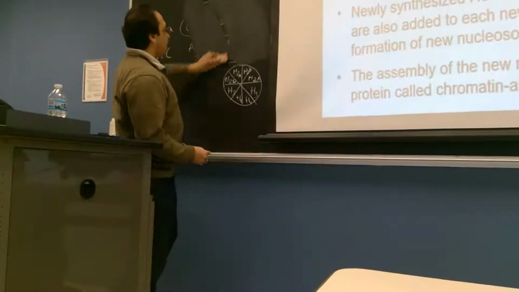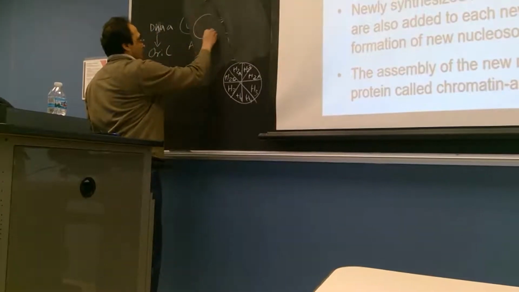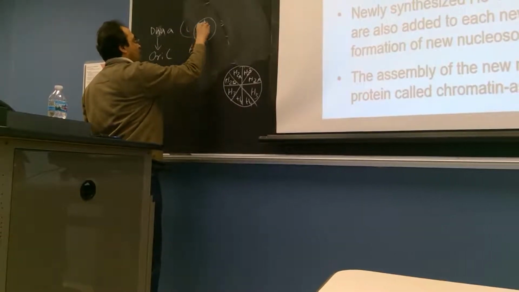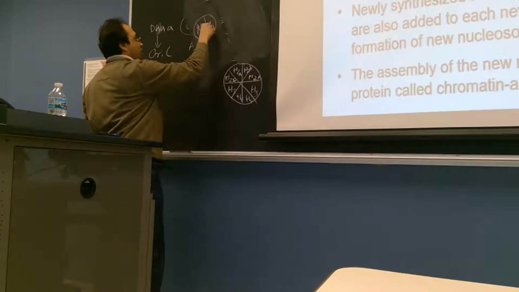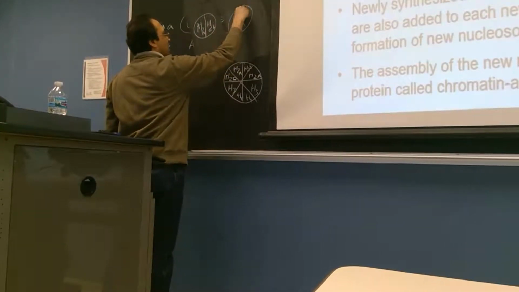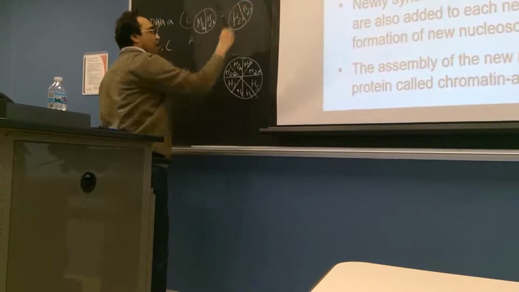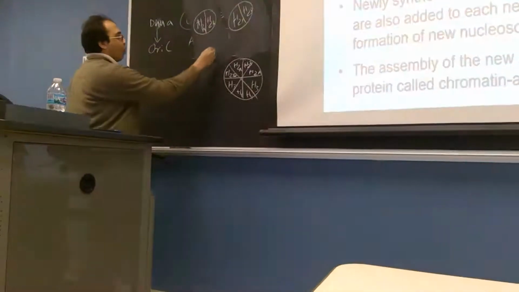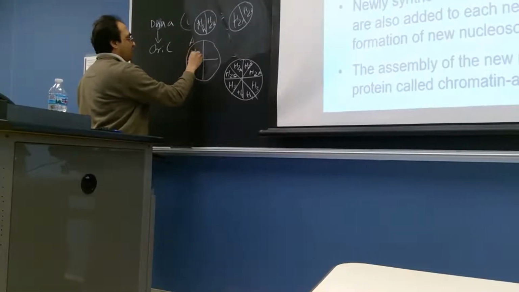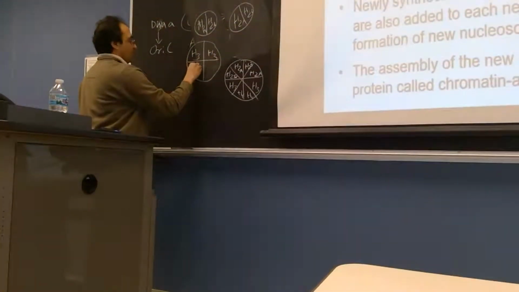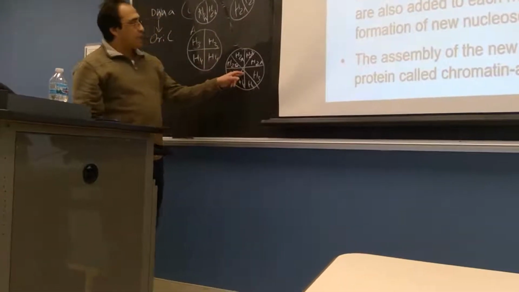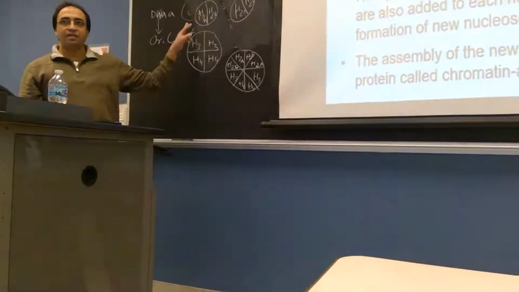Two dimers of H2A and H2B. So one dimer is H2A and H2B. Another is H2A, H2B. There are two dimers and one tetramer containing H3 and H4. So this one is breaking into these three parts.